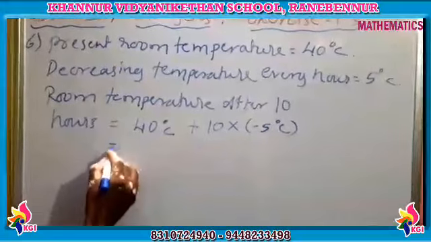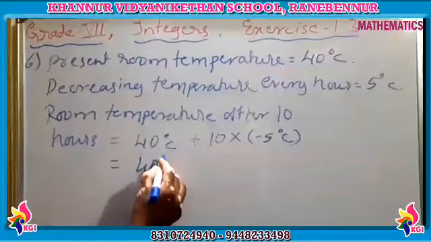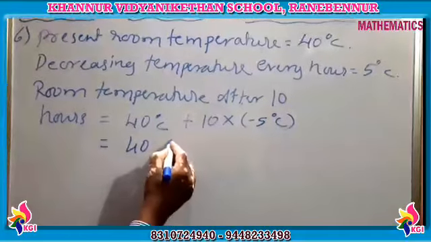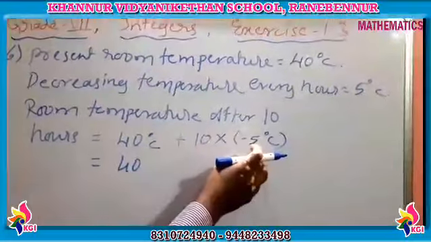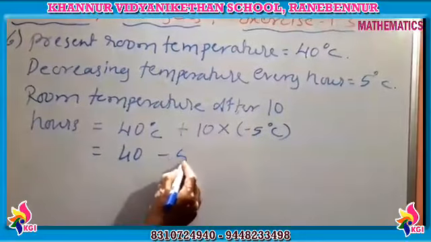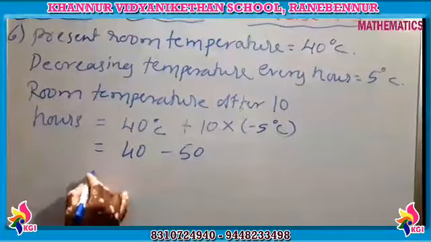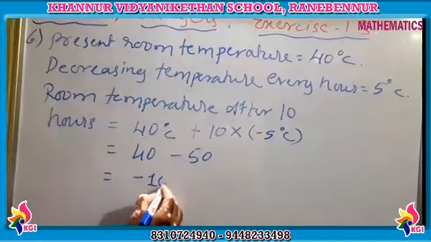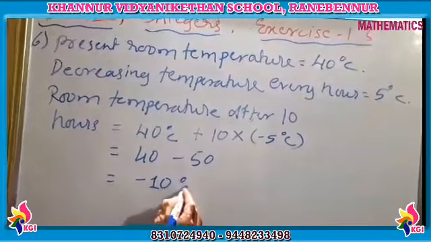Next we write this 40 as it is. Now I will not mention the unit. After that, plus into minus will be minus. 10 into 5 will be 50. So next, 40 minus 50 is minus 10. The unit is mentioned as degrees Celsius.